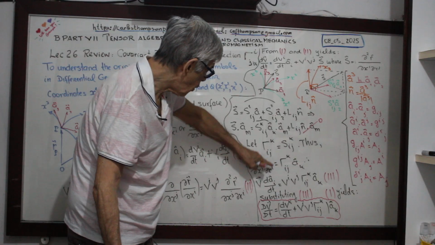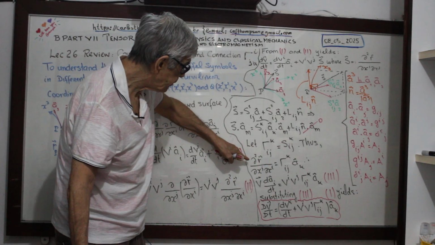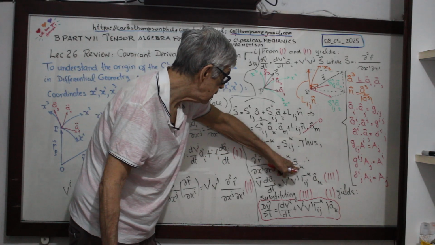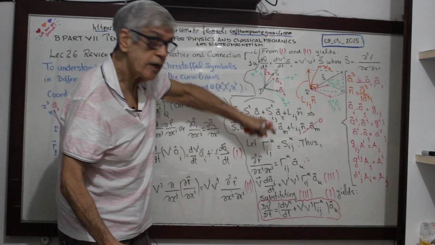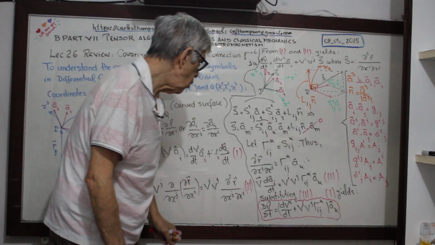So this is capital S. Attention now, this is capital S. The vector is equal to gamma_ijk a_k. So the vector, k varies in this case from 1 to 2.